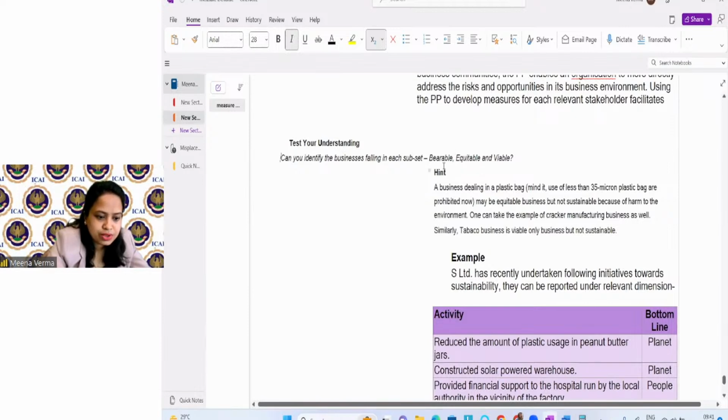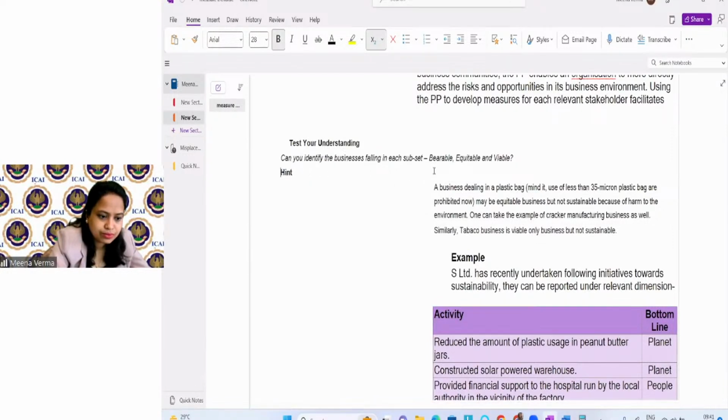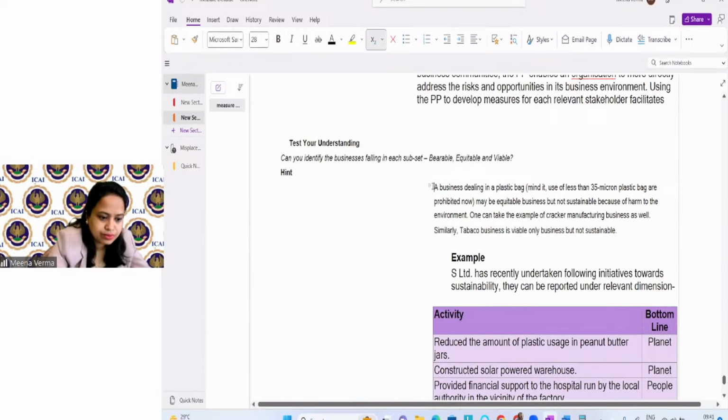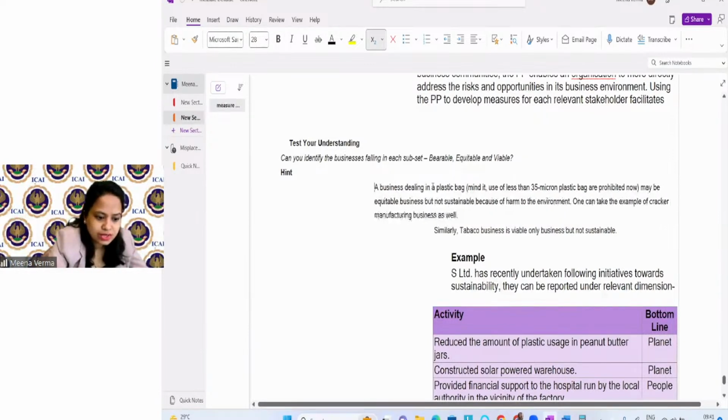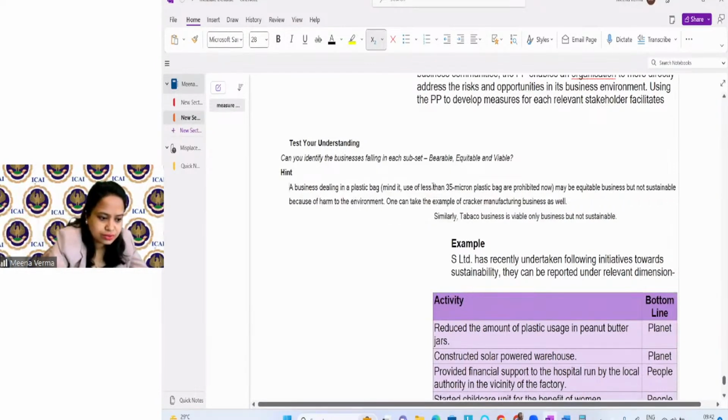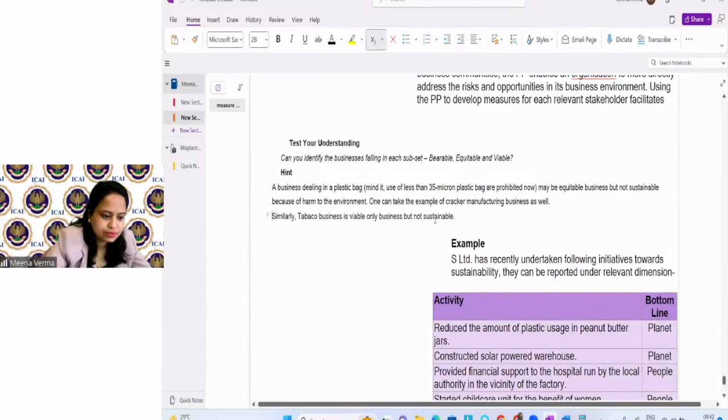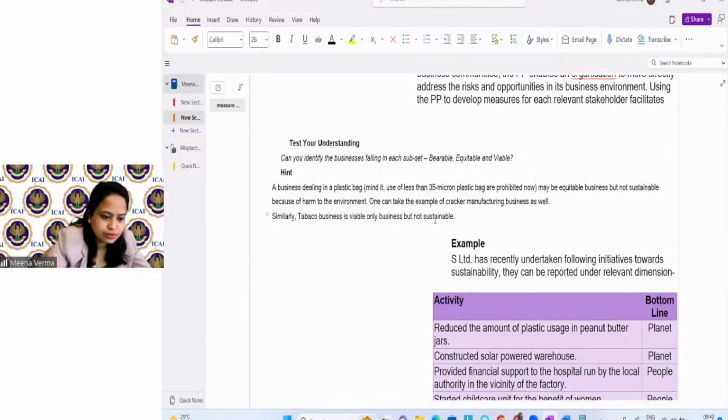Bearable, equitable, viable. So we have done that question, I think. We have done this. Okay, let's do this example.